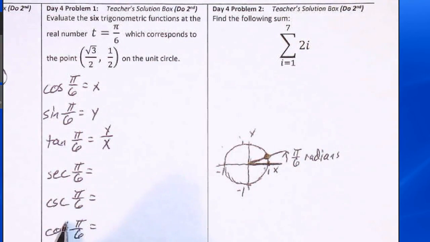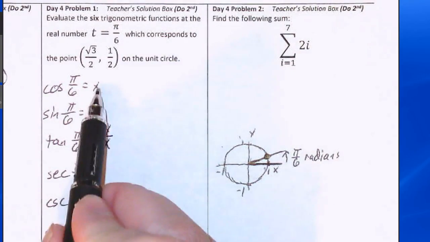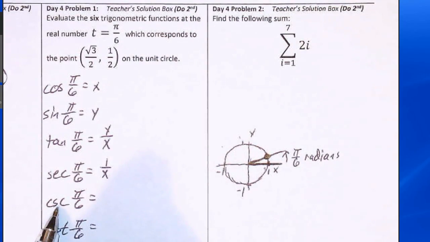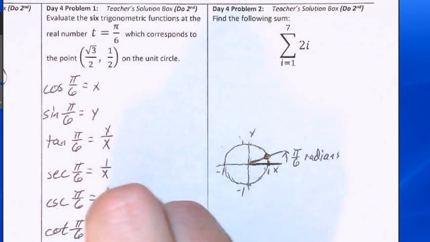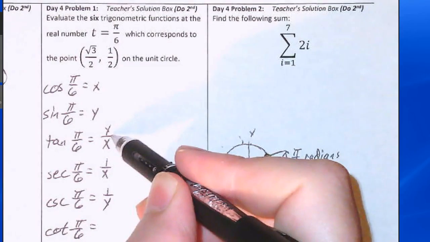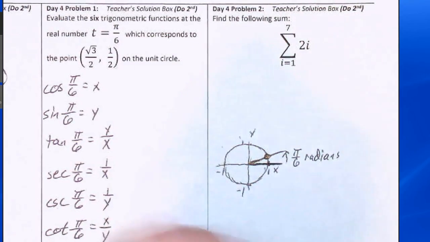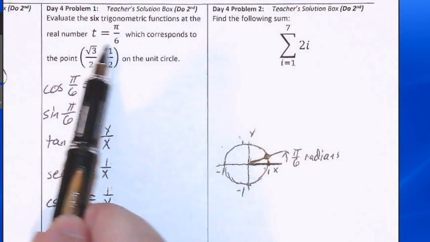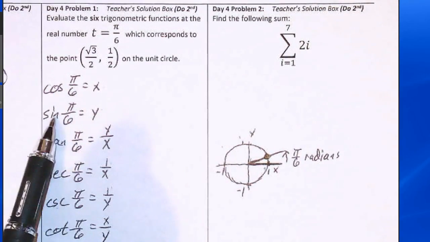Now our reciprocal functions. Because secant is the reciprocal of cosine, the reciprocal of x is 1 over x. Cosecant is the reciprocal of sine, which would be 1 over y. And cotangent is the reciprocal of tangent, flipping this upside down, is x over y.